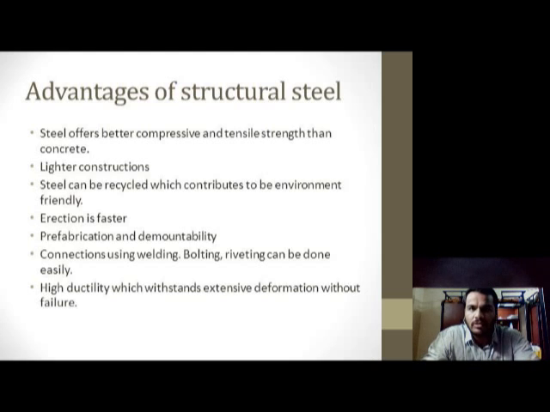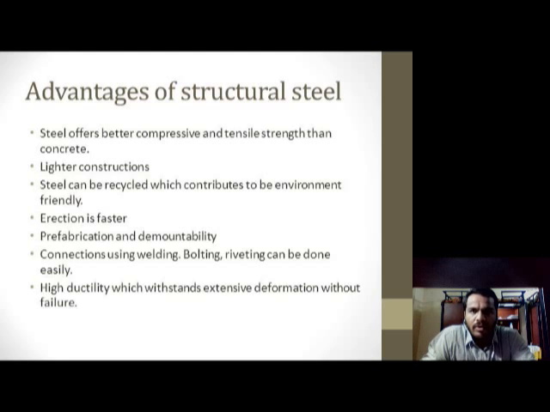When the steel structure is built and then it has to be collapsed, or it can collapse, or it has to be renovated, almost 50% of the remaining steel can be got back. As I said, it can support green building. Also, erection is faster in structural steel.